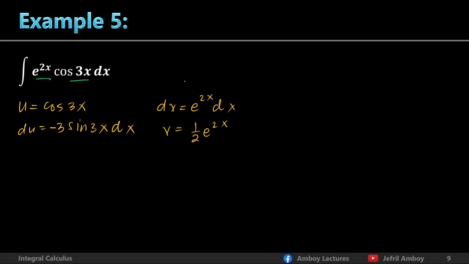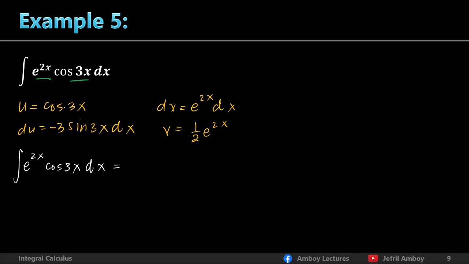Okay? So, that's it. Meron na tayo ngayong u at saka meron na tayong v. Gamitin na natin yung integration by parts. Yung formula niya. Ano nga yun? Itong given niya yung u dv. So, e to the 2x times the cosine of 3x dx equals u times v. Diba?